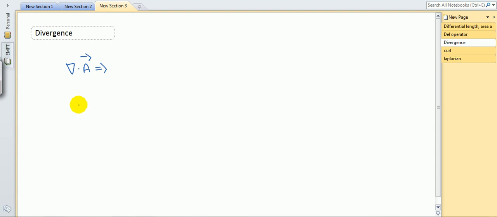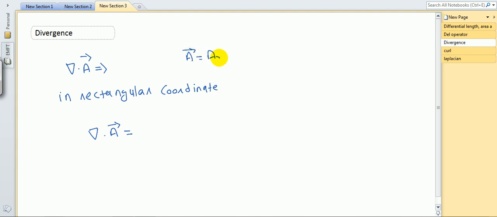There are three formulas in different coordinate systems that we have learned. In the rectangular coordinate system, del dot a vector is given by, suppose my a vector is ax cap plus ay cap plus az cap.